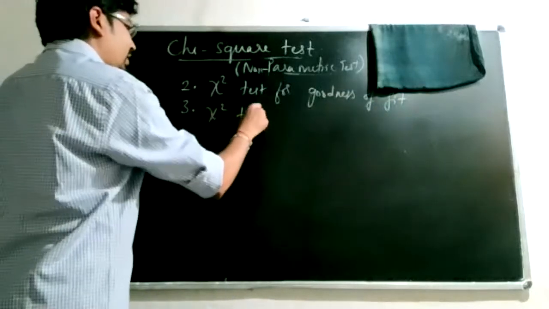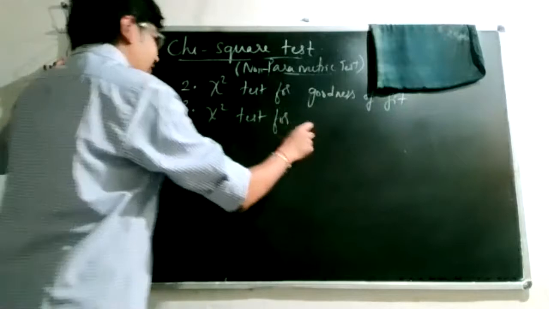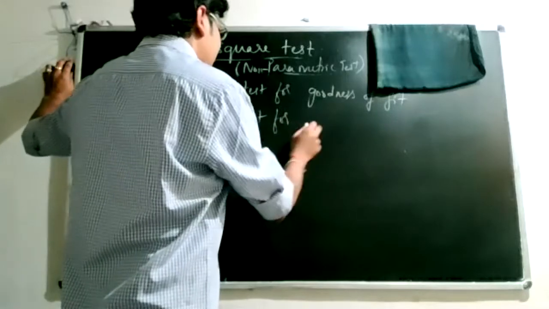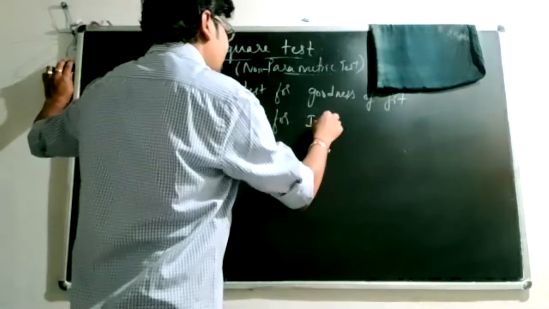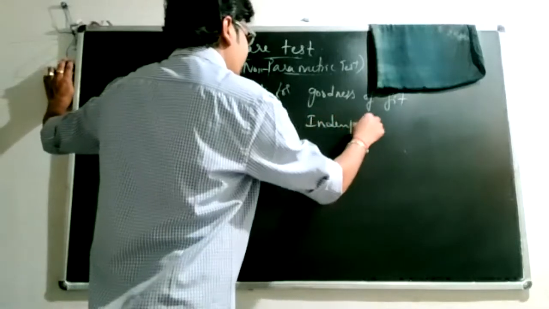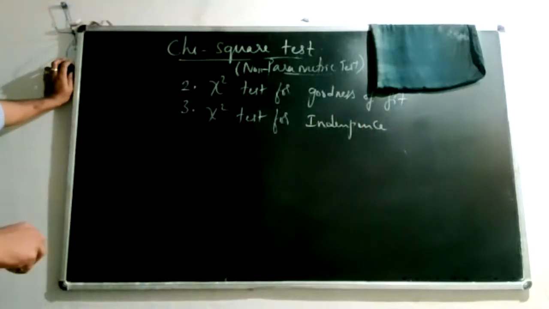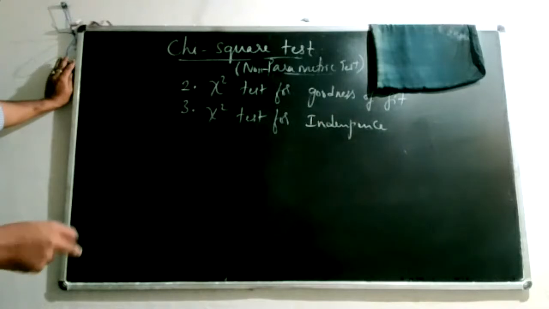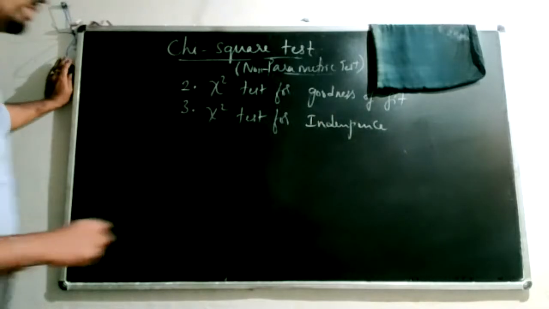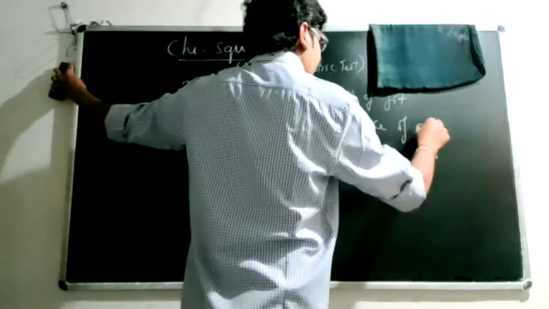And we use the third test most widely in the field of social science as well as medical science to see any dependency between two attributes which are further categorized into various sub-attributes: the chi-square test for independence of attributes.